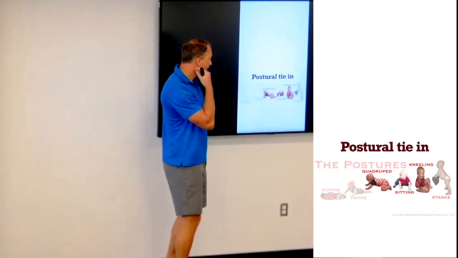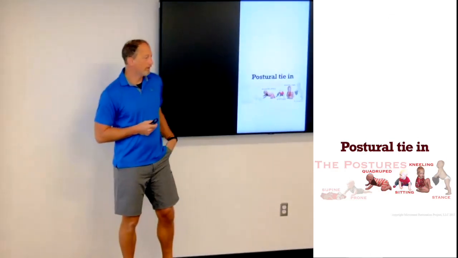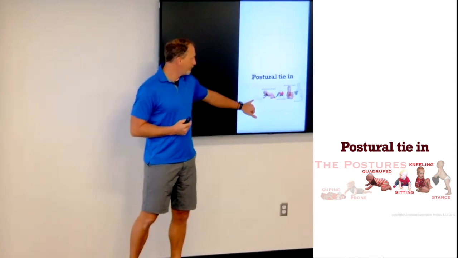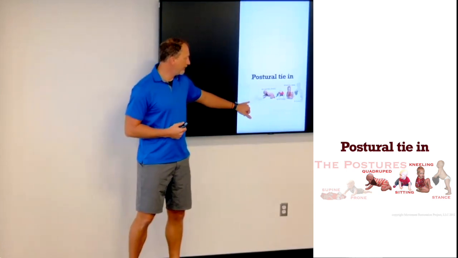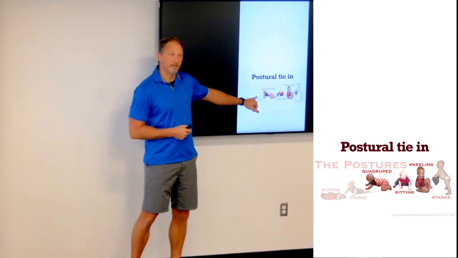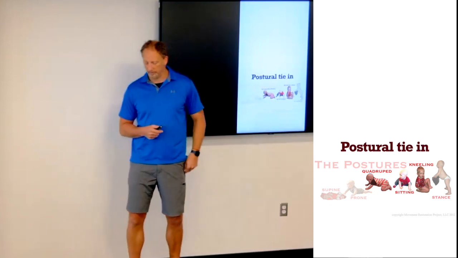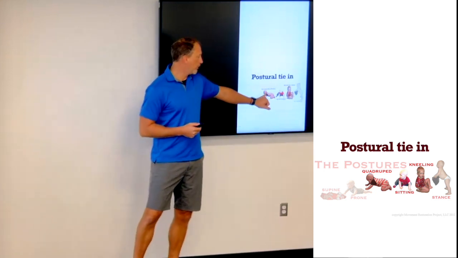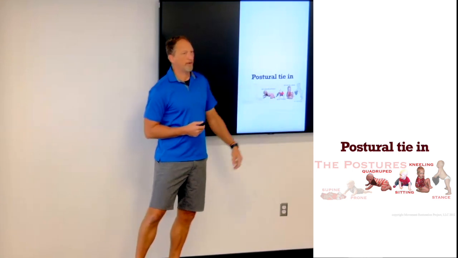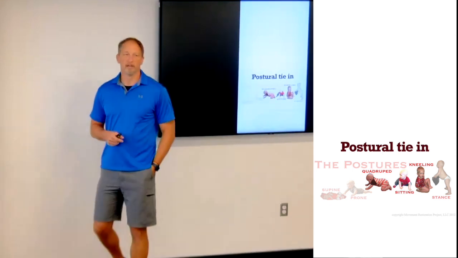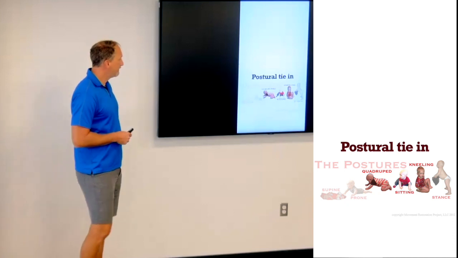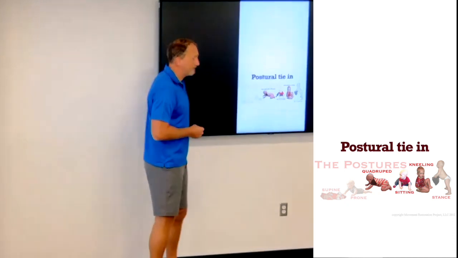Fascial tie-in, like I said before, it kind of shows us something's going on in that transition between supine and prone, the segmental rolling. But where we really start to develop the spiral line is in quadruped, sitting, kneeling, and then standing.